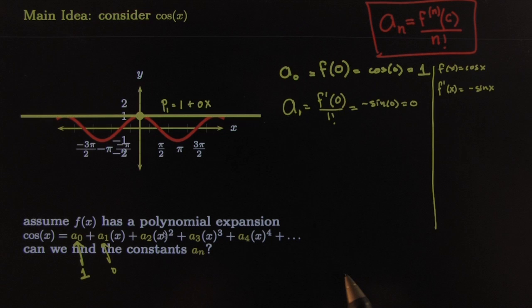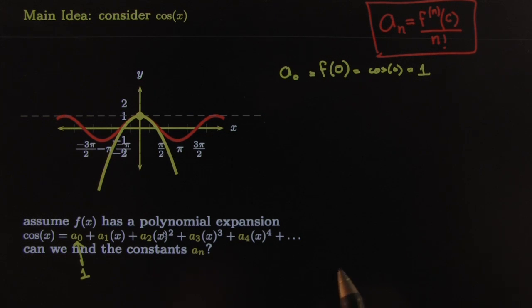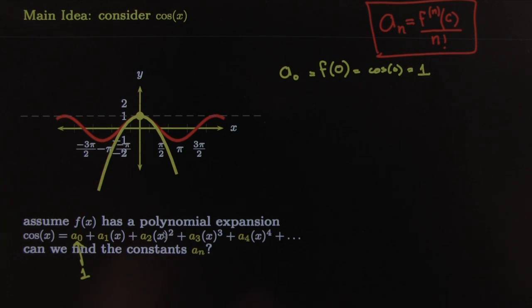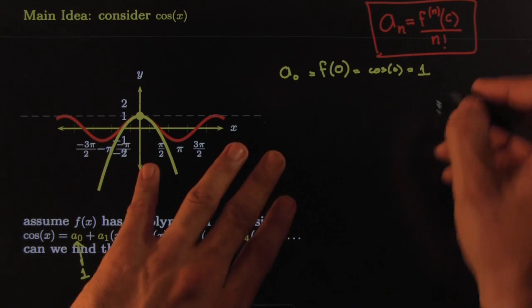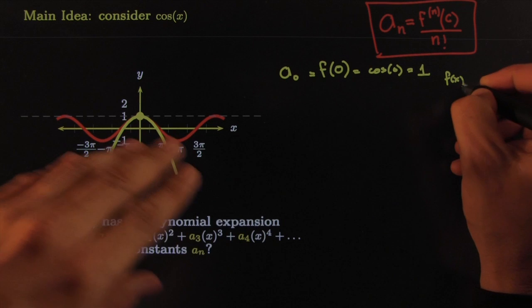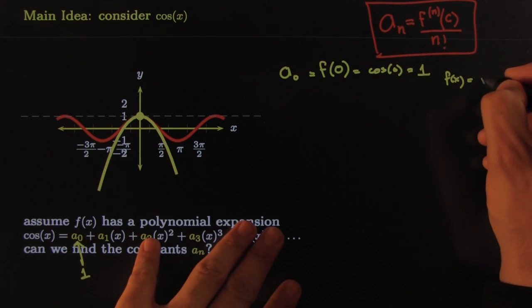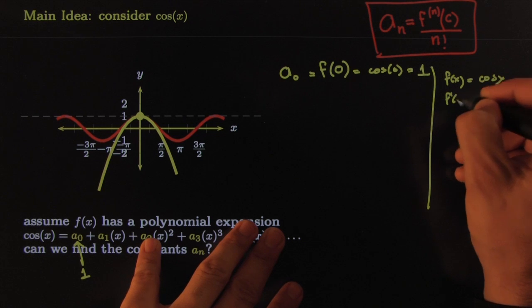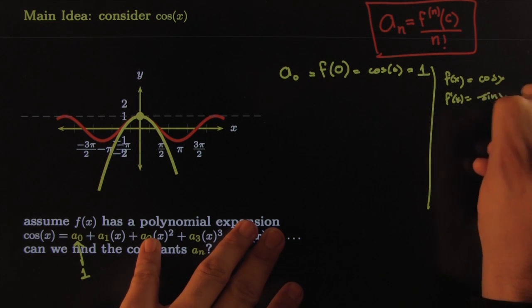So to do that, we move on and say, okay, how are we going to do that? We had, I'll write it again because that was so fun, that f of x is equal to cosine of x. We had that f prime of x is equal to negative sine of x.